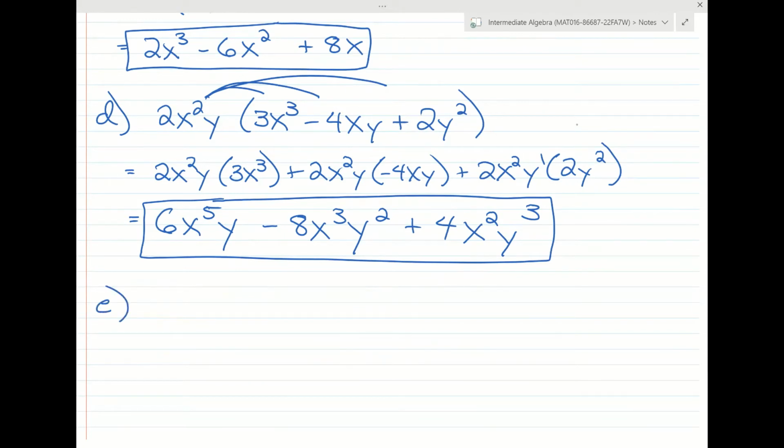Let's change it up a little. What if we had x plus 2 times x minus 4?